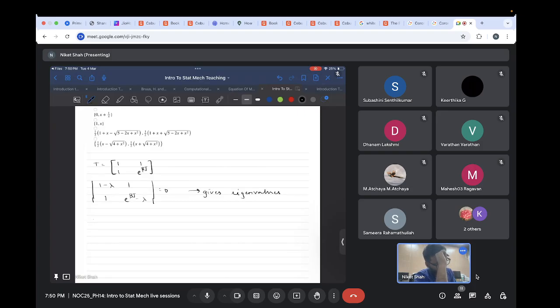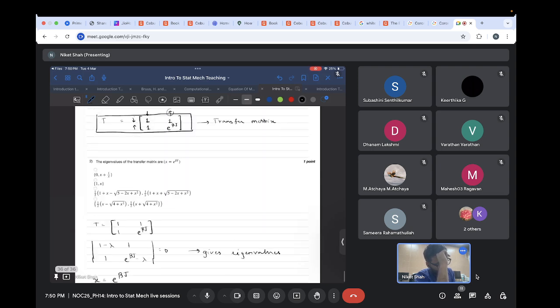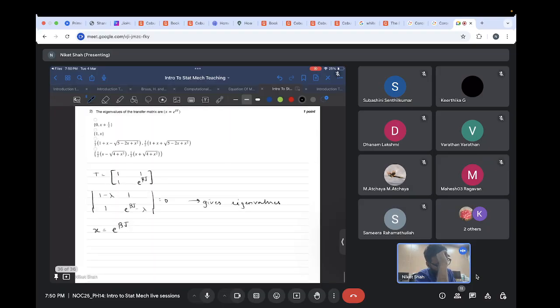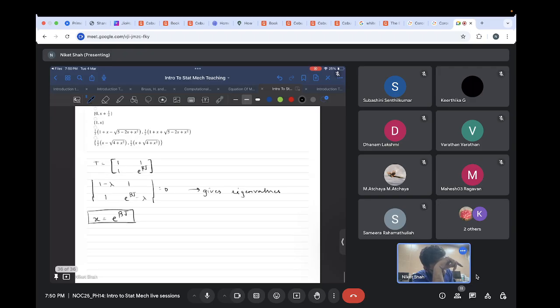Okay, so let me define x as e raised to power beta j, as they've already said. So I have the determinant of this, (1 minus lambda) x, minus lambda minus 1, is equal to 0. So x minus lambda x plus lambda square minus 1 is equal to 0.